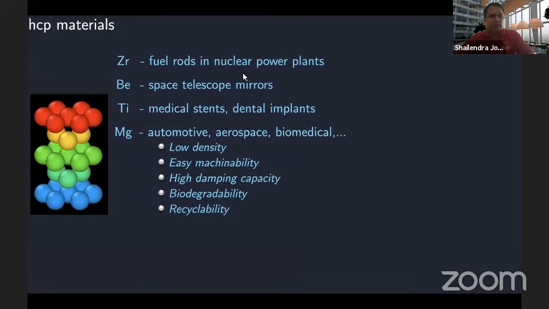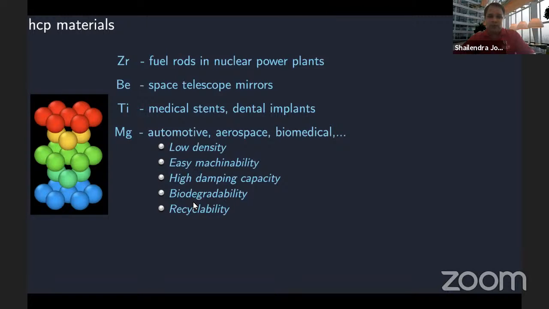There are a number of HCP materials that are technologically important, but the particular material that we are going to talk about here is magnesium because of its remarkable physical as well as biomechanical properties.